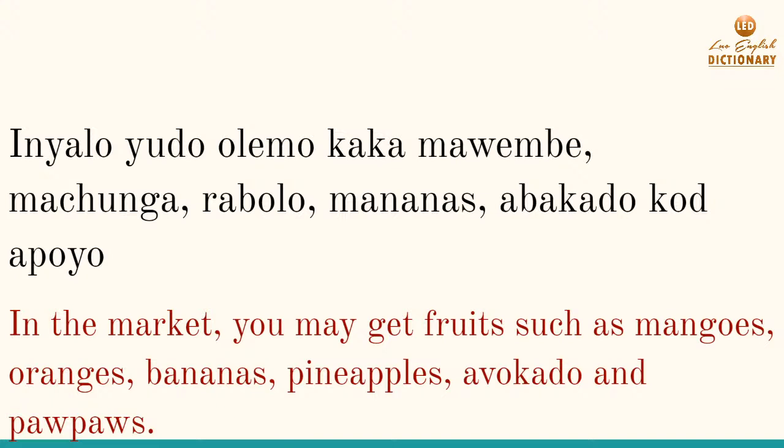So mawembe goes to be mango. Then machunga is the orange. Rabolo is the mananas. Avocado is the avocados. And apoyo becomes the pawpaws.